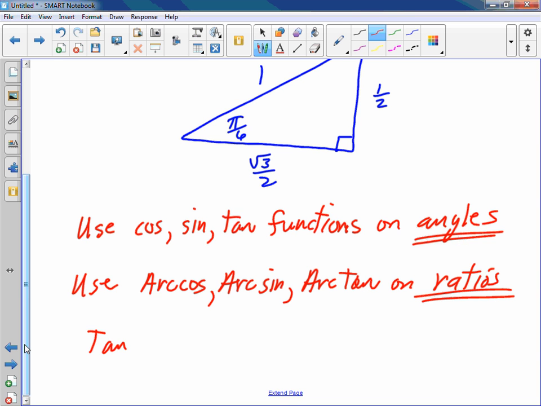The tangent of, I don't know, give me a weird angle. 80 degrees equals what? What's the tangent of 80 degrees? Well, no, you can just take your calculator and give me that.